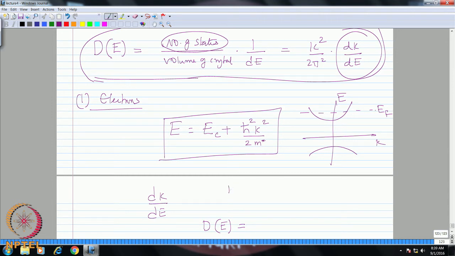So, your k from this can be written as square root of 2 m star by h bar square times E minus E c.